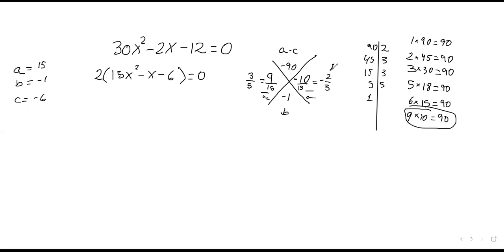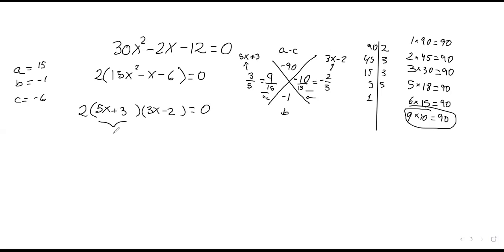That means that we're going to have two factors. Remember, we use the denominator with the x and the other number with the sign. Same here. And that's it. Now we have the 2 that we did before, and we have the 2 factors. One factor is 5x plus 3, and the other factor is 3x minus 2.